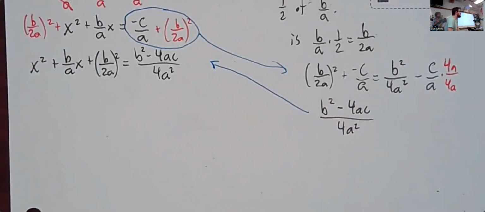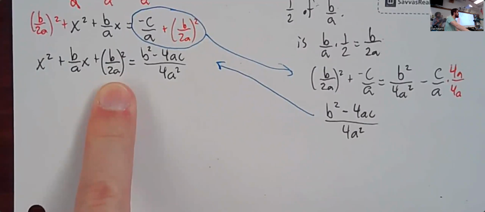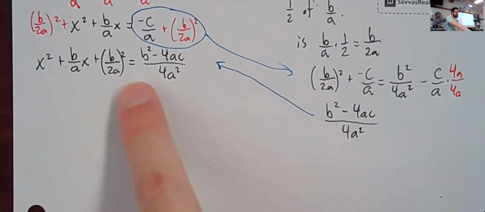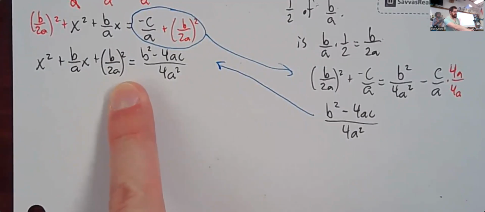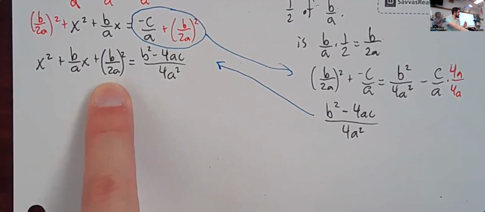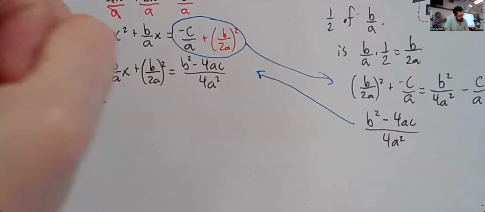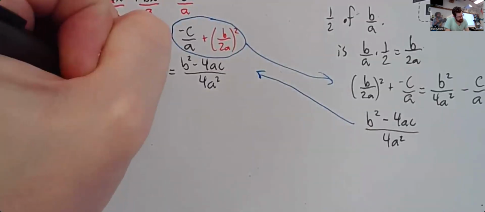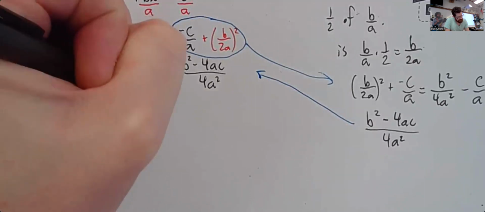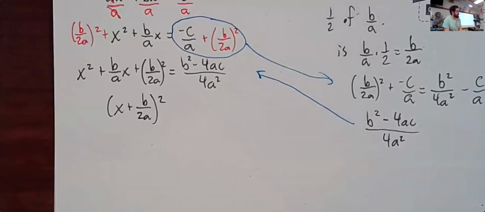All right. Now we can factor the left side, to basically what's inside the parentheses here. So we're going to say x plus what's inside the parentheses, and then square. So that'll be x plus b over 2a squared.